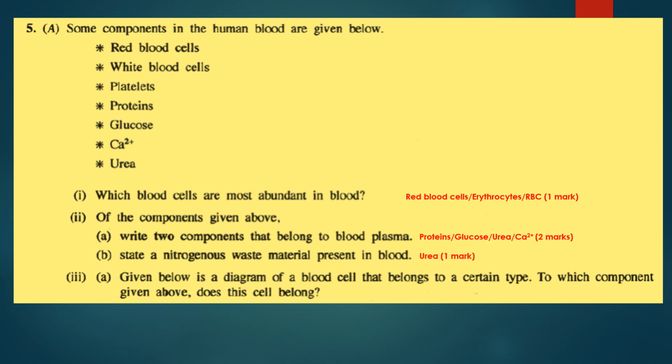Part 3A. Given below is a diagram of a blood cell that belongs to a certain type. To which component given above does this cell belong? You can see the diagram on the next page. Your answer is white blood cells. You can earn 1 mark.